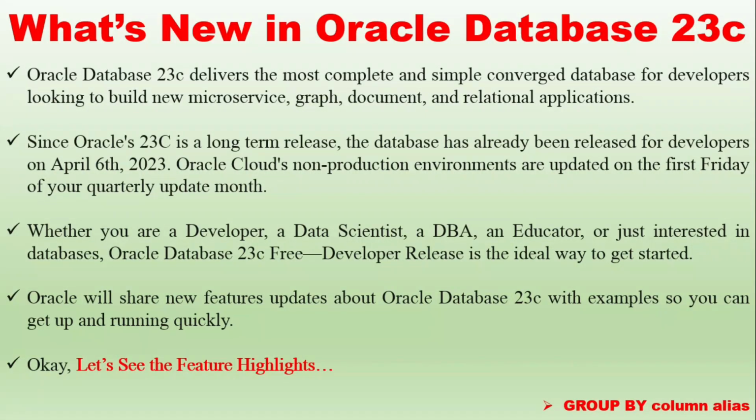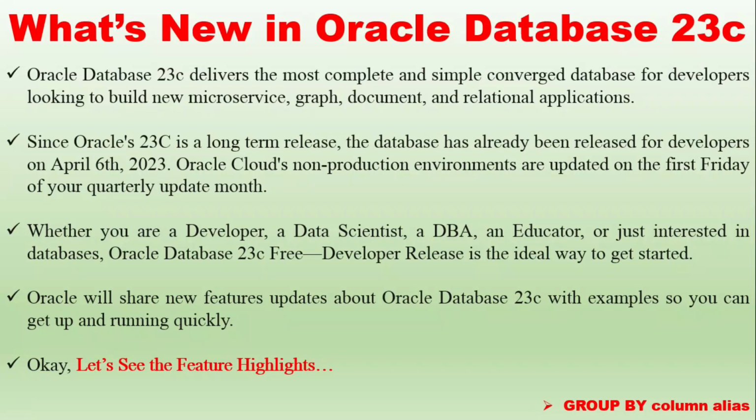So what's new in Oracle Database 23C? Oracle 23C delivers the most complete and simple converged database for developers looking to build new microservice, graph, document and relational applications. So it has plenty of new features.